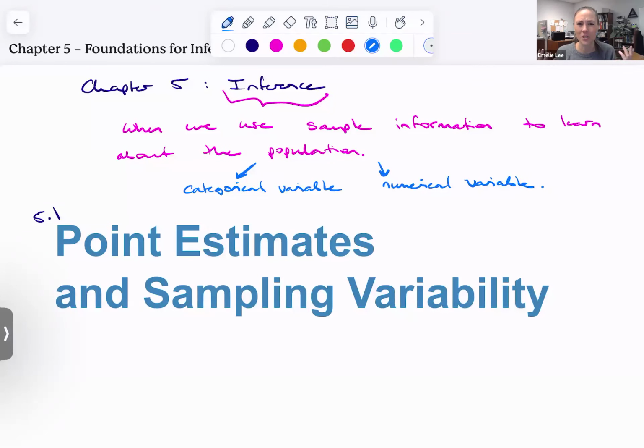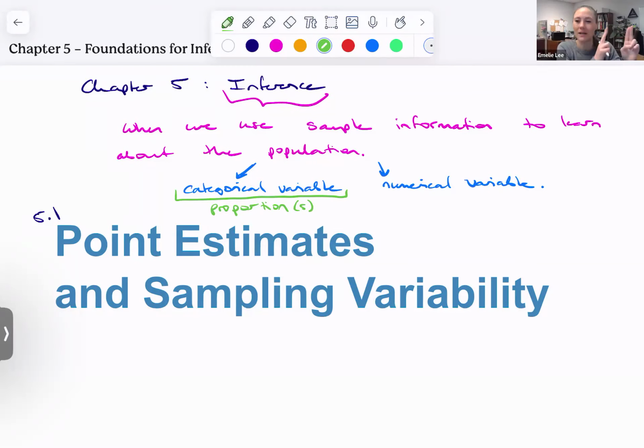And so what's a proportion then? A proportion is a count out of the total, right? And so here, for categorical variables, we analyze proportions, or I'll put the S in brackets. We're going to start with just one proportion, and then we move to two proportions, comparing those two, and then we move to three or more proportions and we compare those proportions.